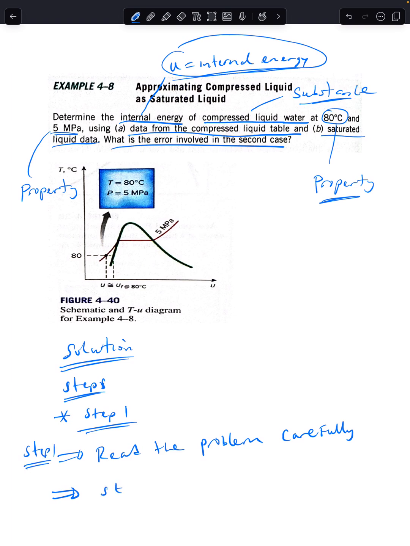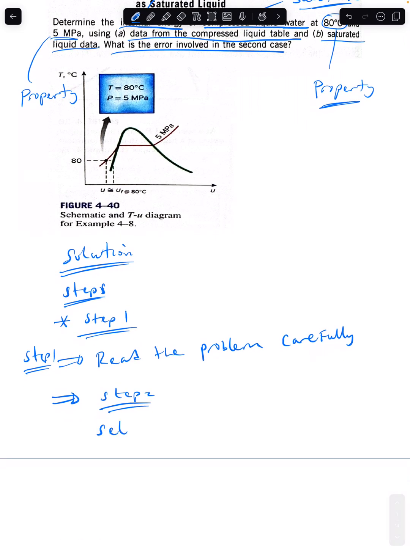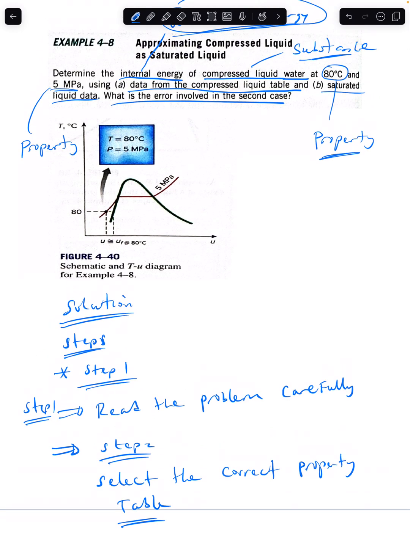Now step two: we have to select the correct property table. There are two indicators you must use.